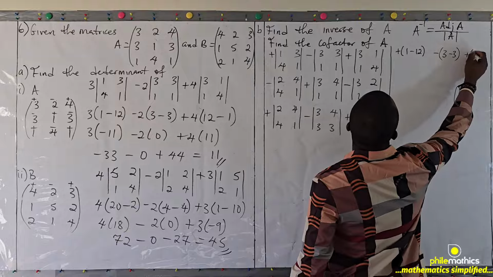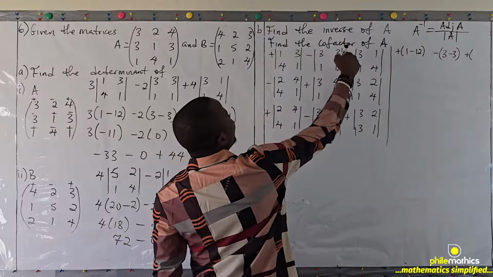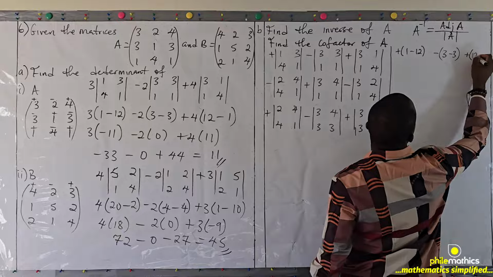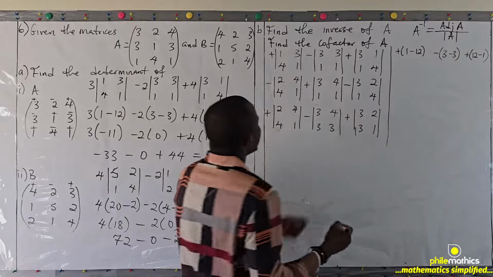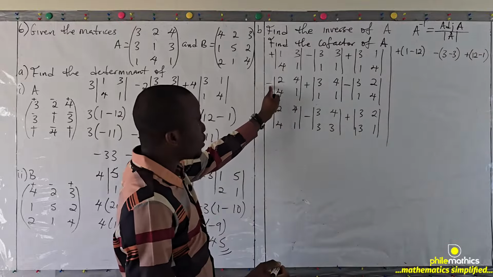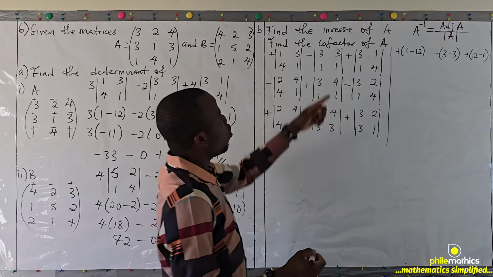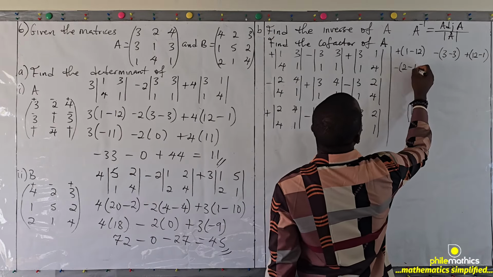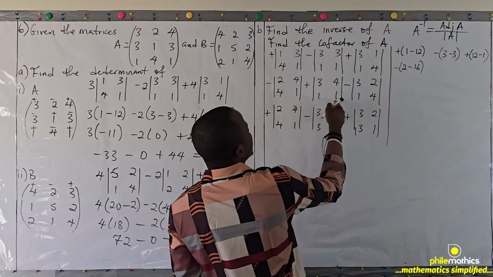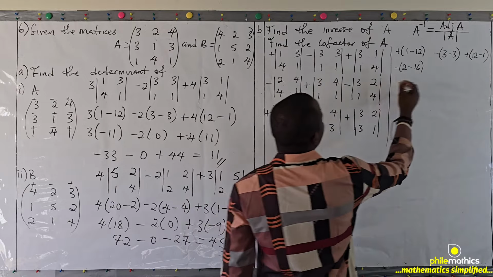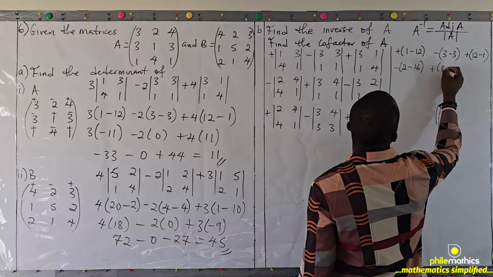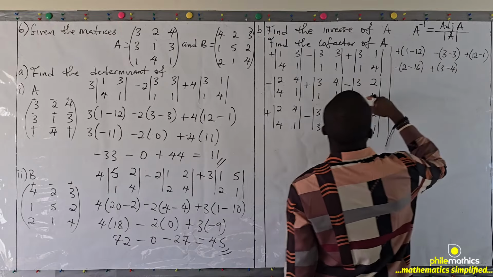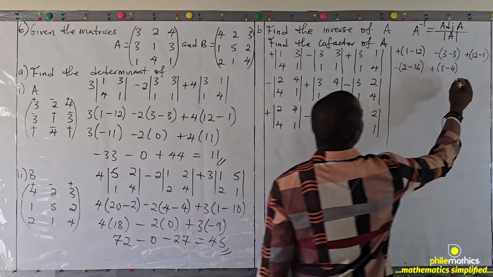This is plus 12 minus 1. This is, there's minus here. 2 minus 16. This is 3 minus 4. This is 12 minus 2.